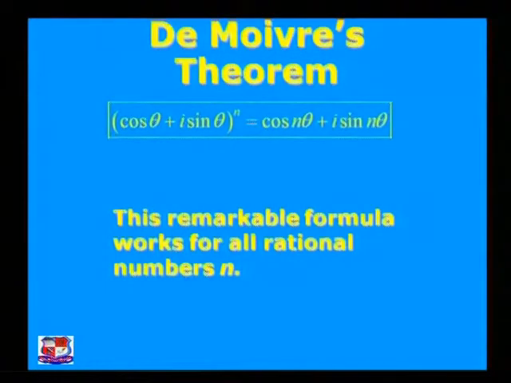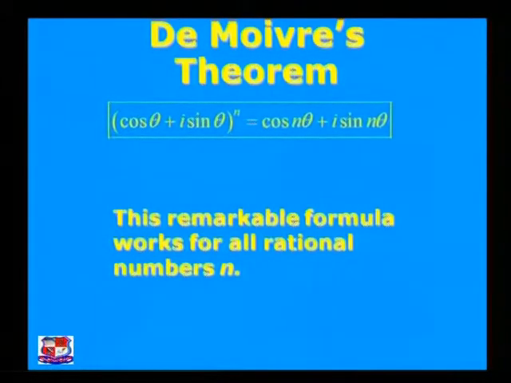So De Moivre's theorem is given here. (cos theta plus i sin theta) raised to n is equal to cos n theta plus i sin n theta.